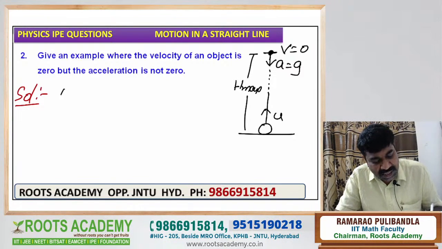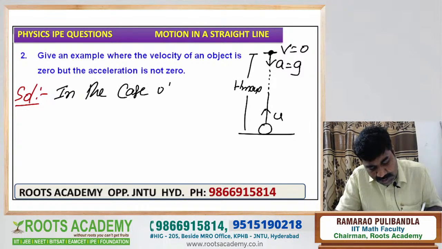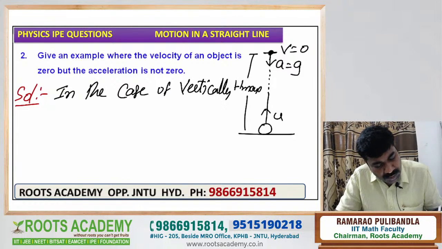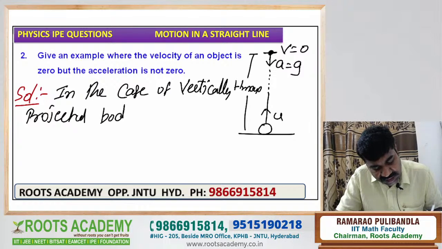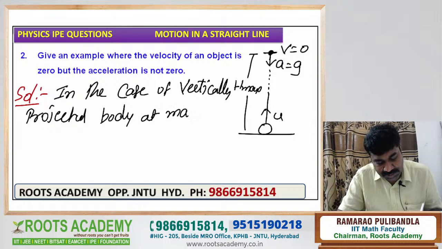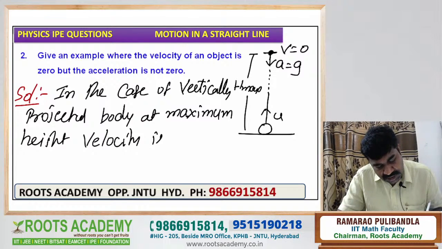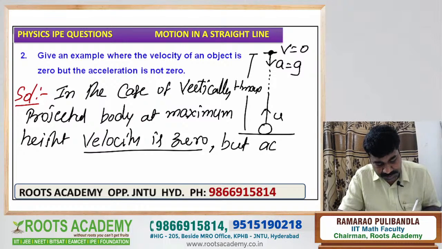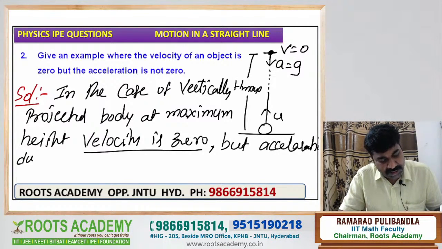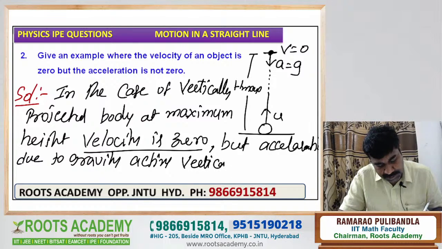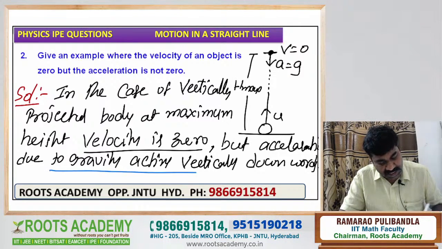In the case of a vertically projected body, at maximum height, velocity is 0, but acceleration due to gravity is acting vertically downwards.